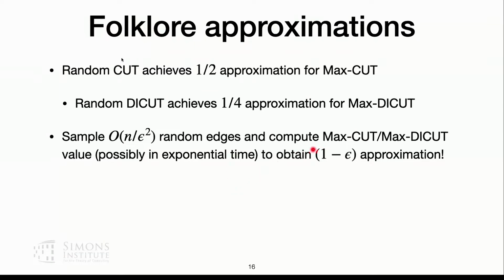Now, you can also obtain 1 minus epsilon approximation this way, where you just randomly sparsify your graph, or in other words, you just sample order n random edges, and if you compute the Max-DICUT or DICUT value, or in general, even the max CSP value, then that helps you get 1 minus epsilon approximation. So these are some of the folklore approximations for CSPs.